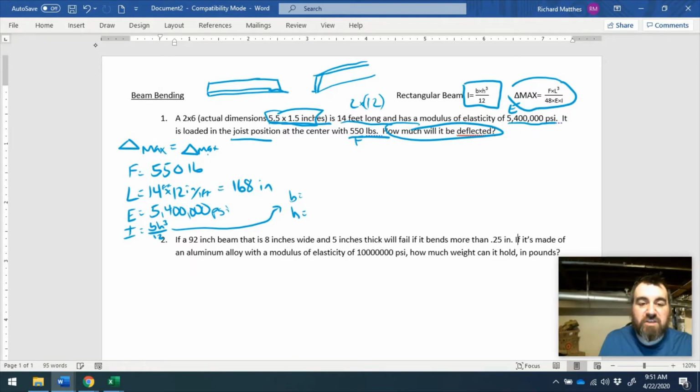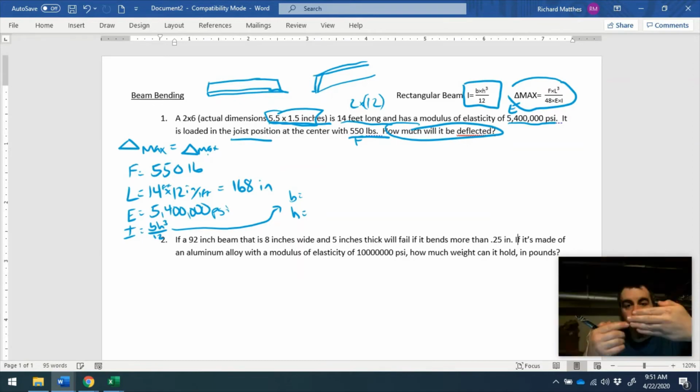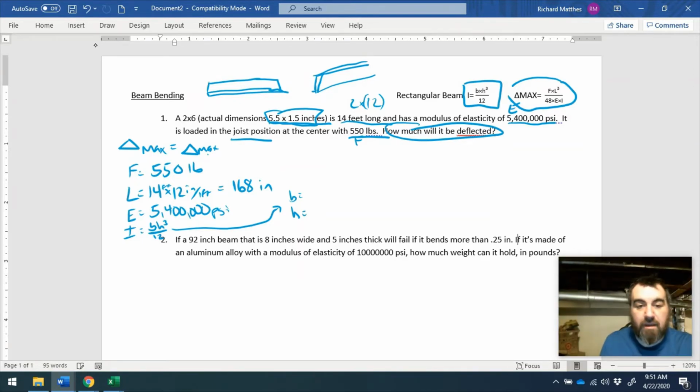Okay, so this is in the joist position. So the larger value is going to be the height. In plank, the longer value is base; in joist, the longer value is height. Okay, that's terrible writing. I'm sorry.